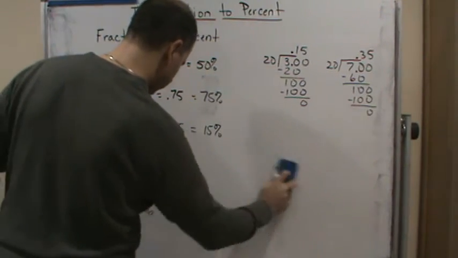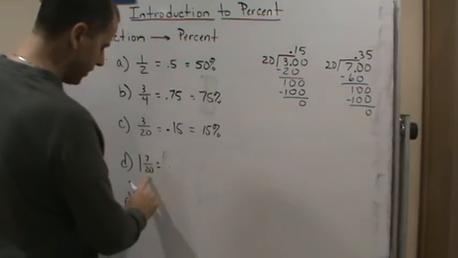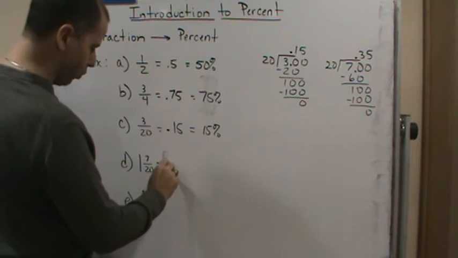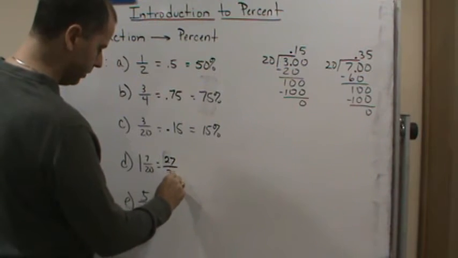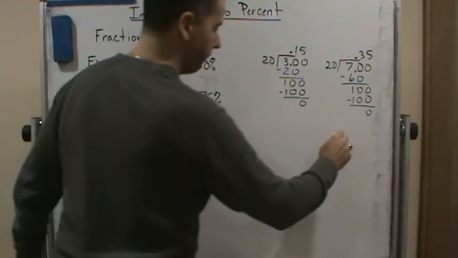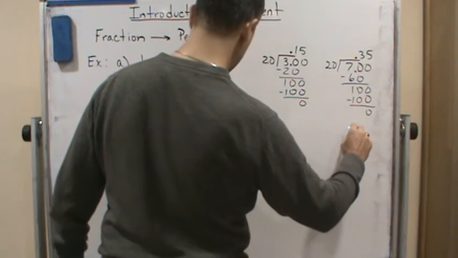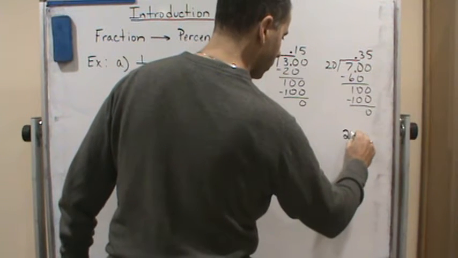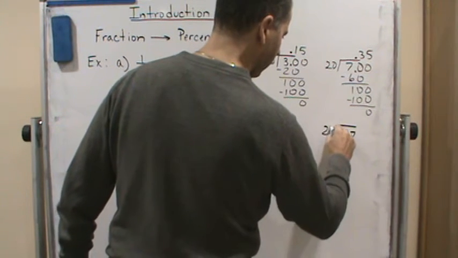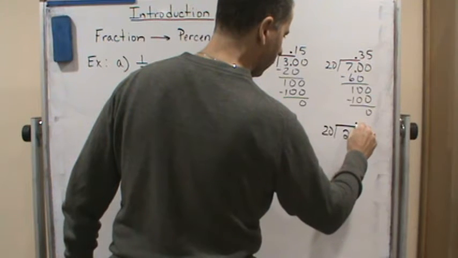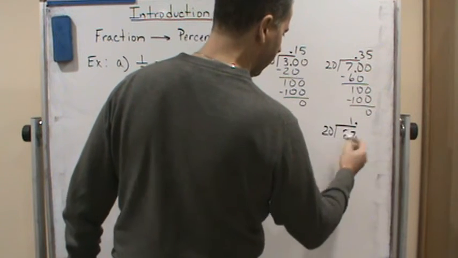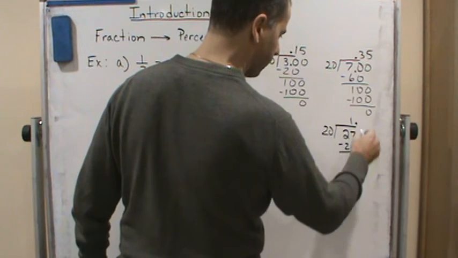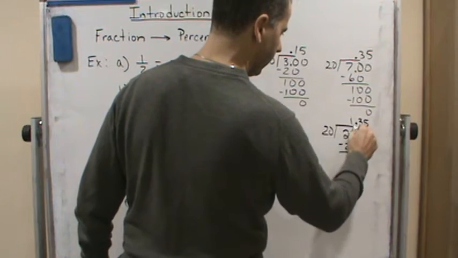Or you could change this to an improper fraction by multiplying, so this would be 27 over 20. And then if you do the division of 27 divided by 20, you're going to get 1, then you subtract 20 and get 7, and then you go through the process and you're going to get 1.35.